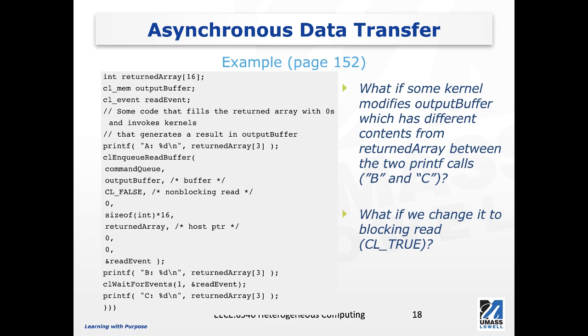What that implies is that at this printf at B, this return array is nondeterministic, because it may happen that the new data read from the output buffer are not updated to the return array before this printf is printed.